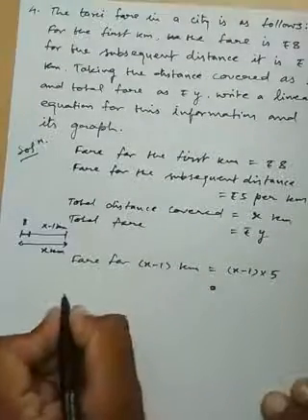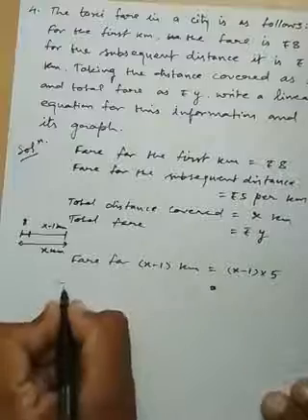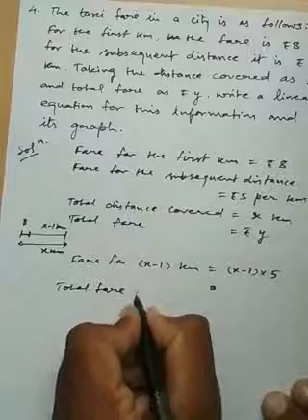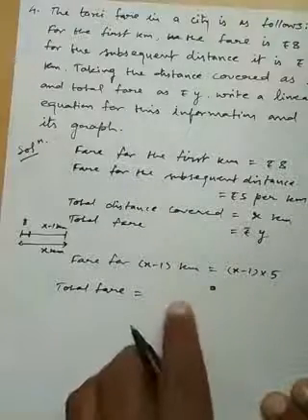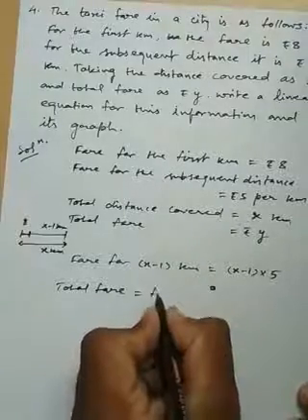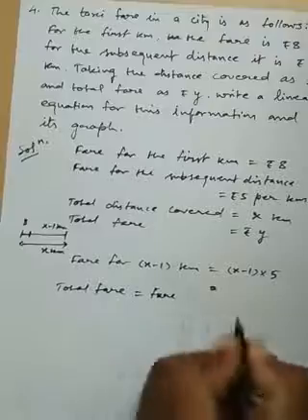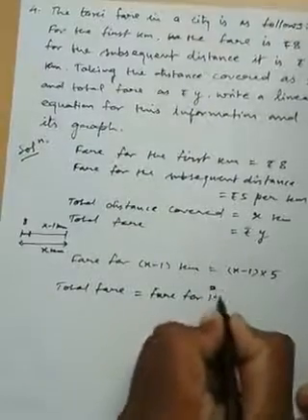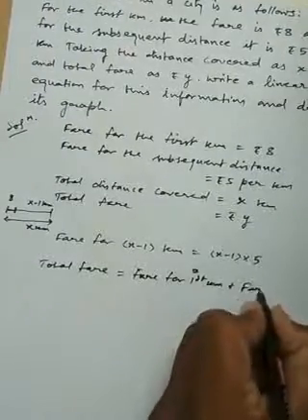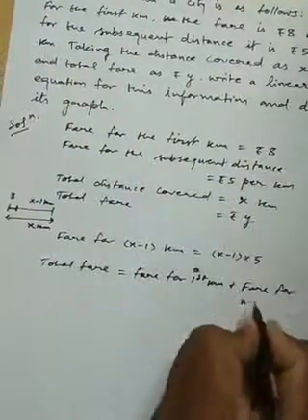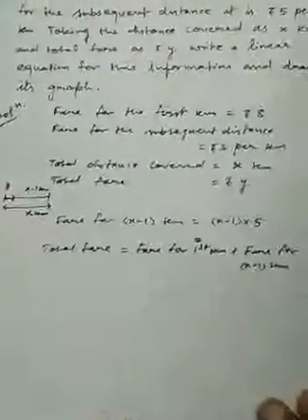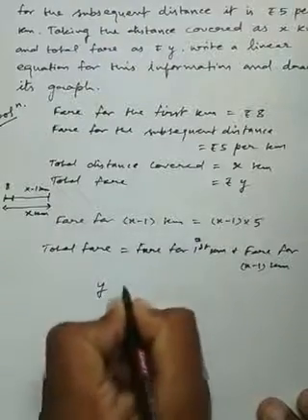Then we can find the total fare. Total fare is equivalent to fare for first kilometer plus fare for x minus 1 kilometer.